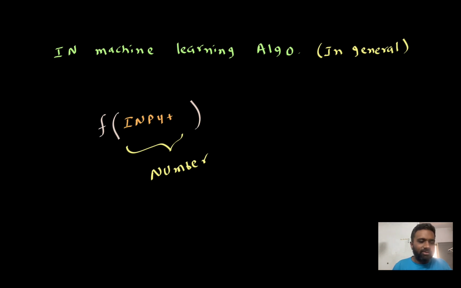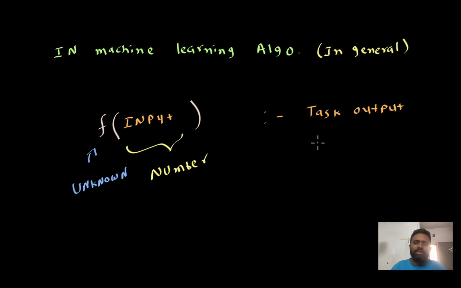This f is unknown, we don't know it, and that's why machine learning is important, because we want the machine to learn this function somehow, and after learning this function we want the machine to give a certain output, which is f of input, the task output. So in a self-driving car, this output could be a certain decision: take left, take right, go straight.